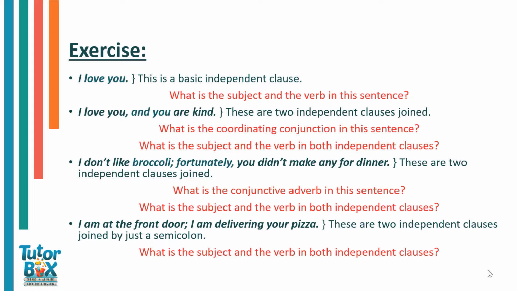In the first independent clause, I is the subject, and the verb would be am, because am is an action in this case. I am at the front door. In the second independent clause, the subject is I, and the verb is am delivering.